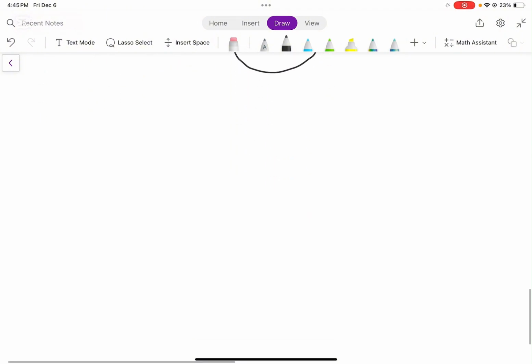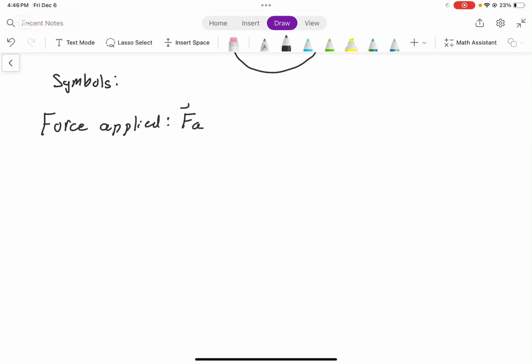So what are the symbols for these? Well, for force applied, write the symbols. For force applied, the symbol is typically F with the subscript A. You want to make sure to put your vector signs. With force normal, your force normal is typically just Fn.